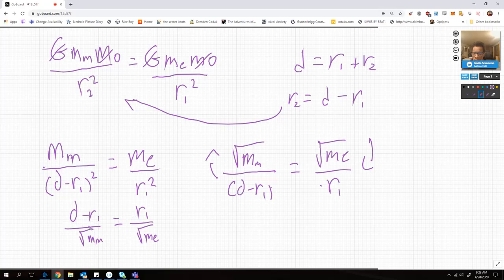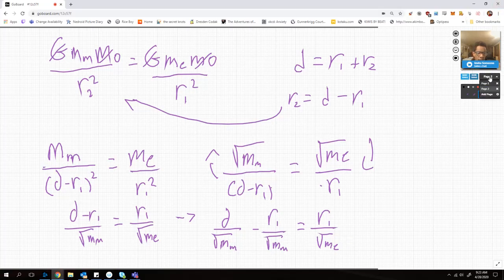Cool. Then I can separate this D minus R1 over square root mass of moon into D over square root mass of moon minus R1 over square root mass of moon. This is equal to R1 over square root mass of Earth. Cool. Now I can get my R1s on the same side.